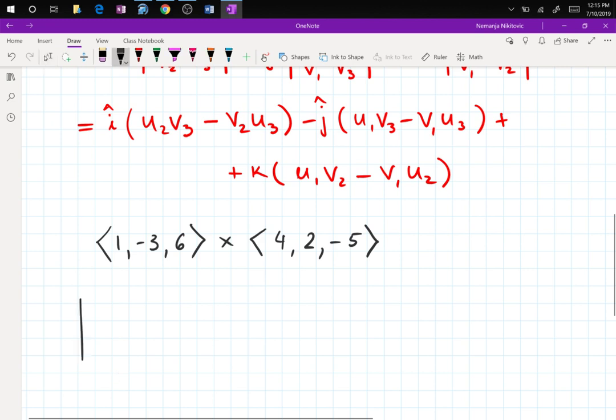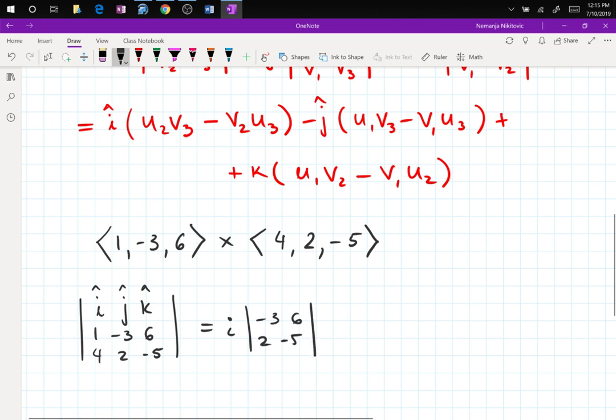So we will put i, j, k, 1, negative 3, 6, 4, 2, negative 5, and then have i, negative 3, 6, 2, negative 5, negative j, which is 1, 6, 4, negative 5, and then plus k.